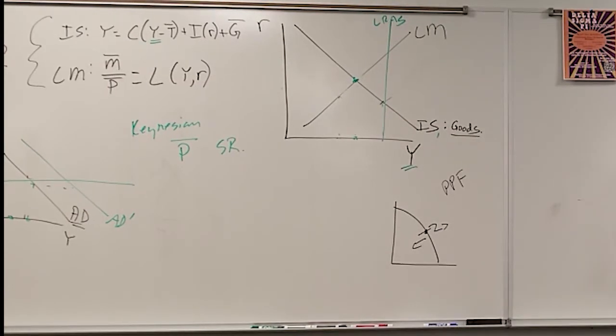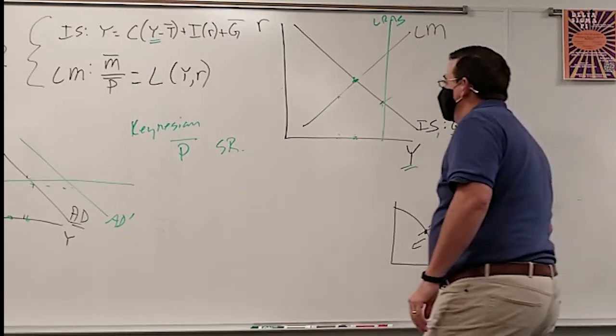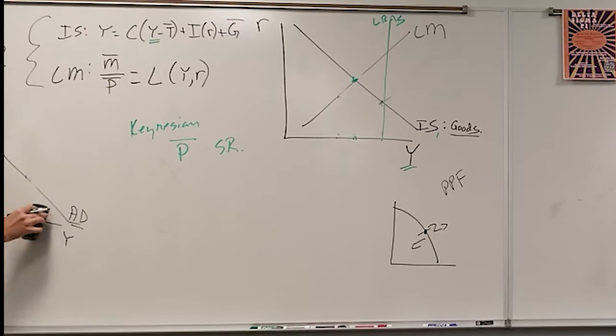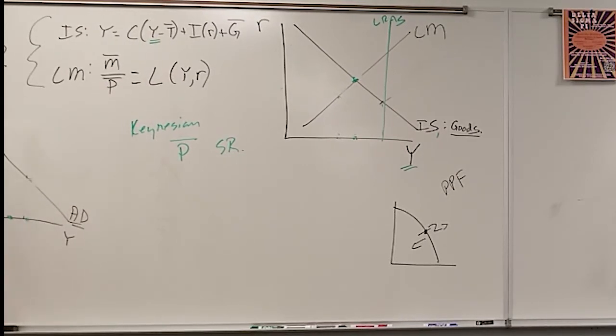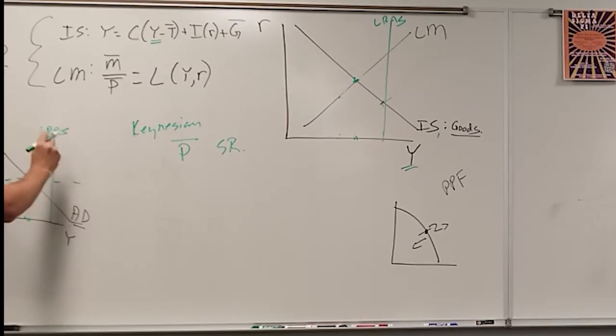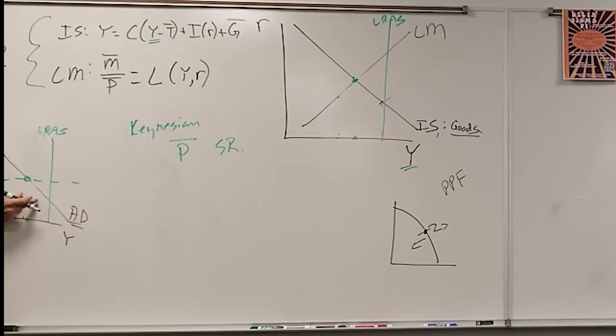We are for some reason away from our long run aggregate supply curve. If this were the case, then we could also say that because price is being held constant, we're in a place like this. That shows up over here like this, where output is not at its full potential.